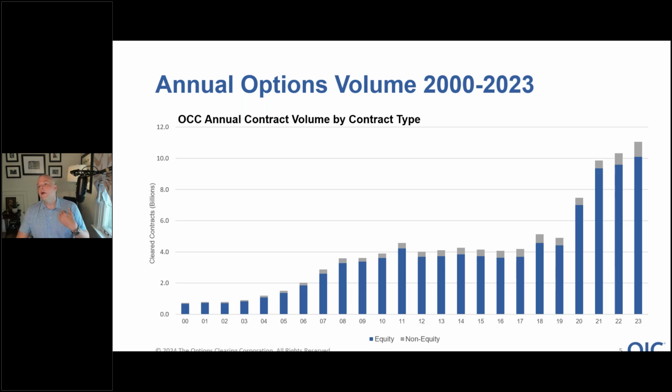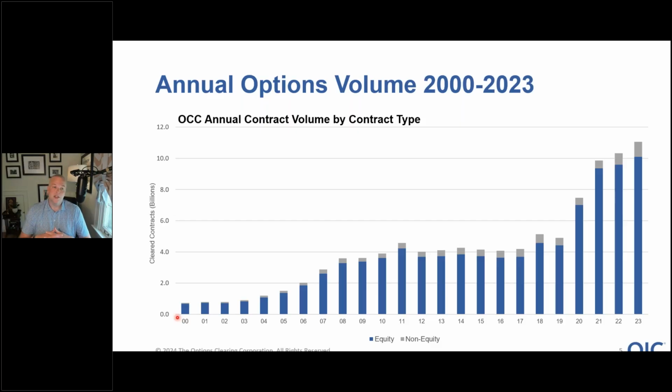So here's the options volume for the last 23 years. I always add this at the beginning of my presentations because it's really important to drive a point home, which is that the volume in general has exploded. People are more involved on a regular basis. There's just more people involved. I think part of that is that people are starting to wake up to the idea that options are a really strategic investment that they can utilize.